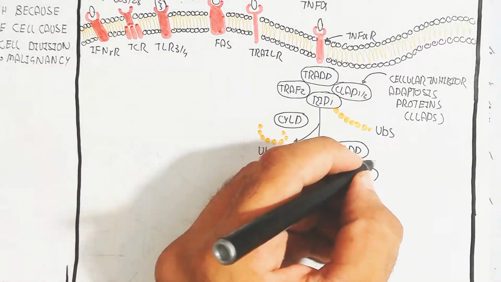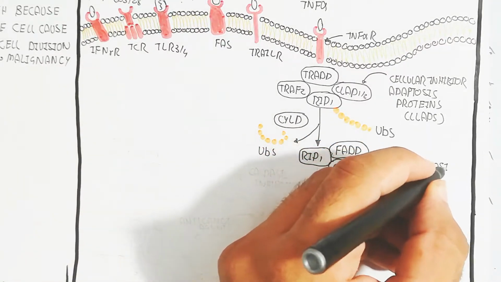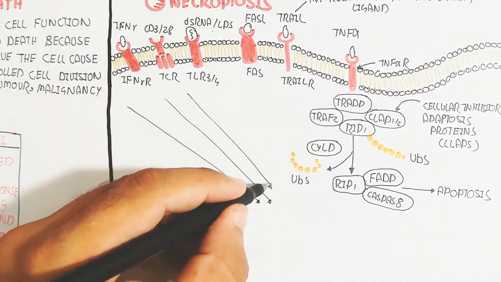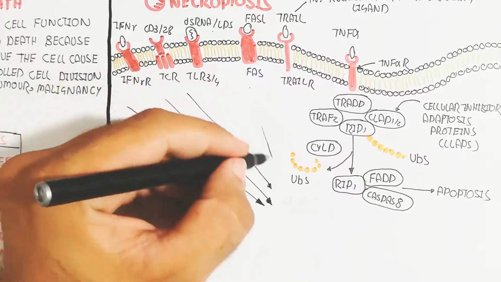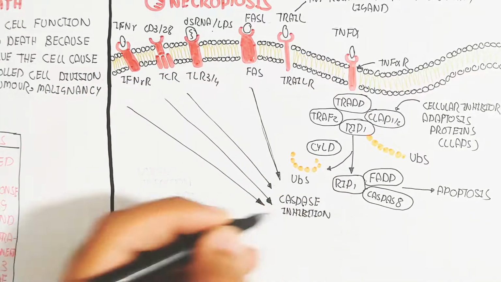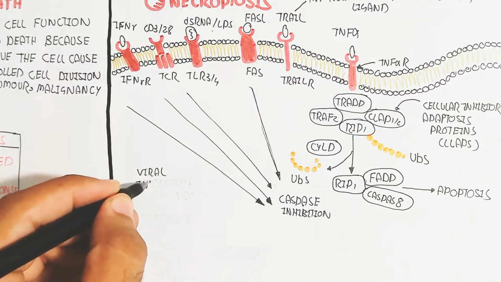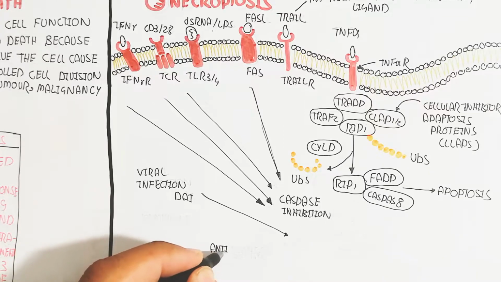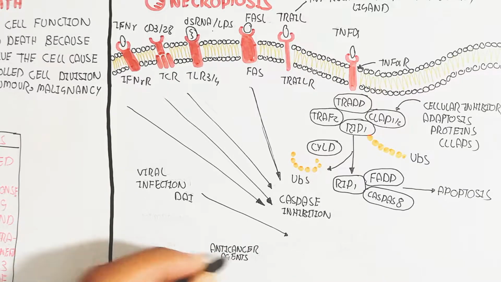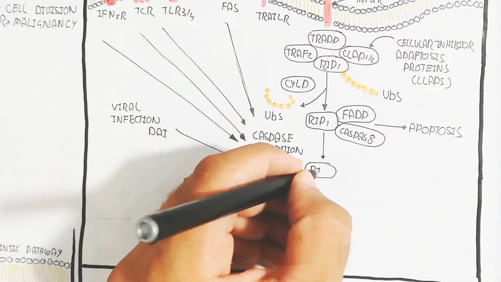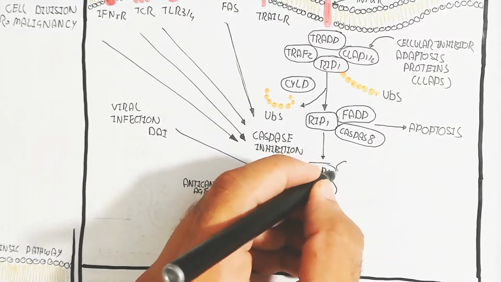And in this way here you can see the ubiquitination will lead to separate the ubiquitin, and the CYLD will lead to RIP1 and FADD and caspase 8 activation, the trimerically lead to apoptosis. So this is the caspase inhibition, which is basically the caspase inhibition will also occur.